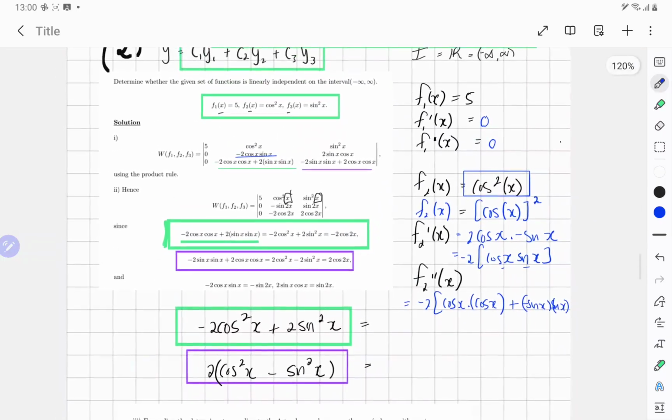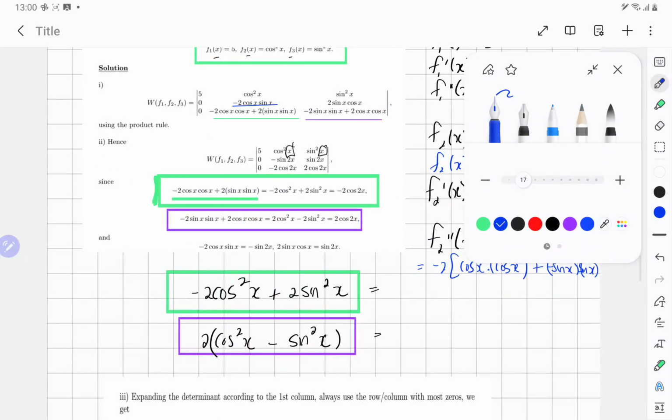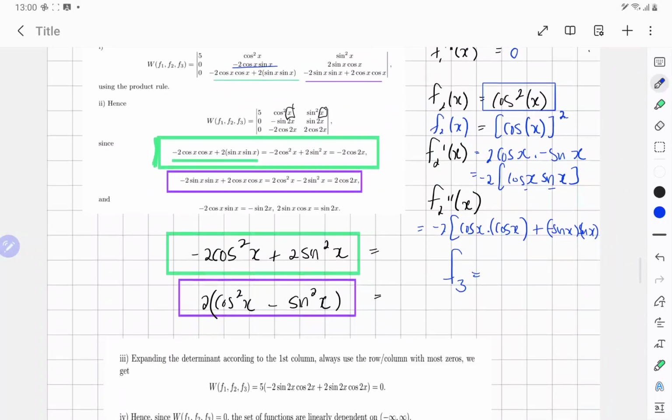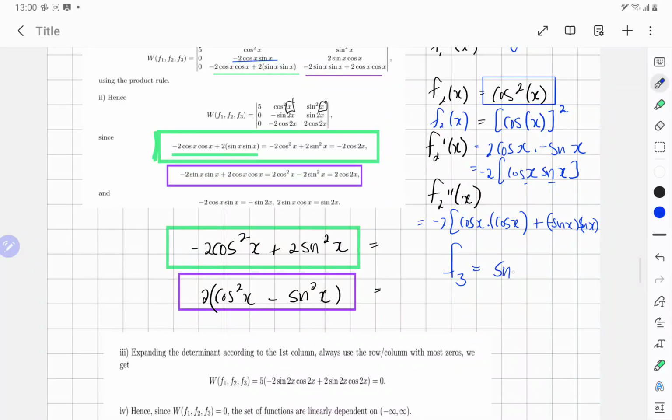And then I still have an f3, so I'm not going to do everything there to save some time. My f3 is equal to sine squared x, so the same there, sine x squared.